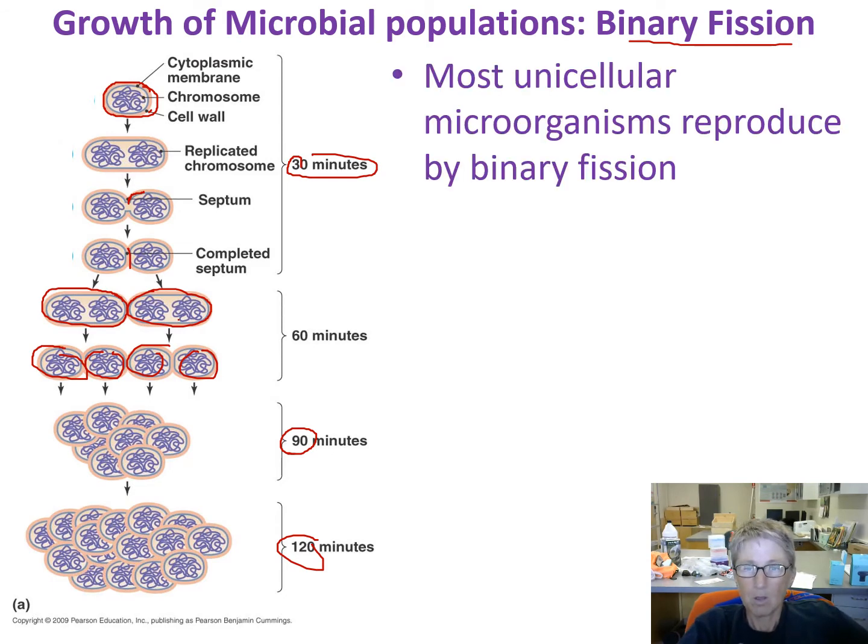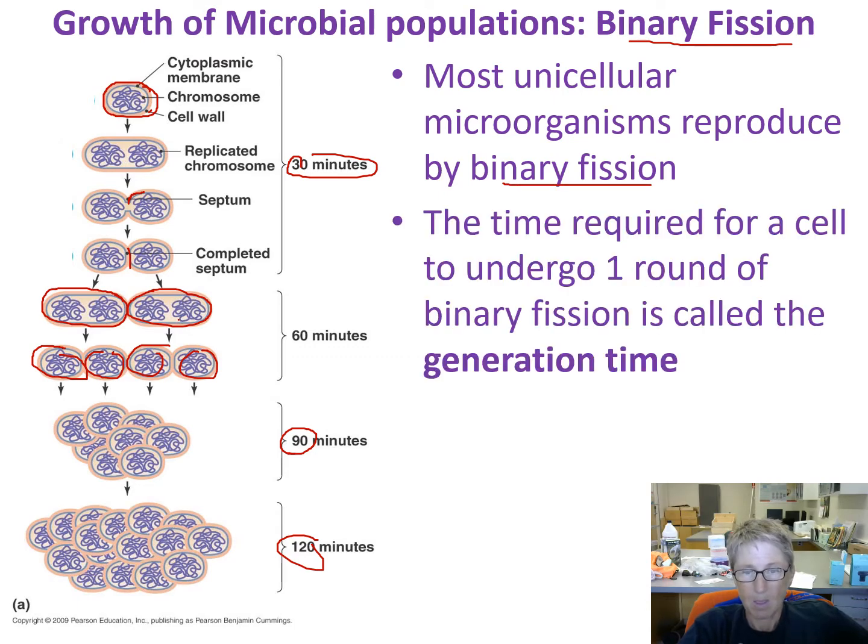Most unicellular microorganisms reproduce by this process of binary fission. And this is called the generation time. The generation time is the time required for a cell to undergo one round of binary fission. So in this cartoon, the generation time of this microbe would be 30 minutes.